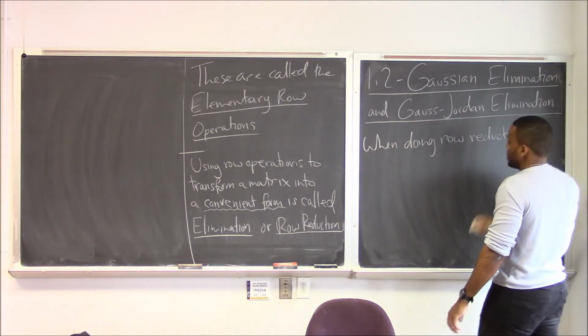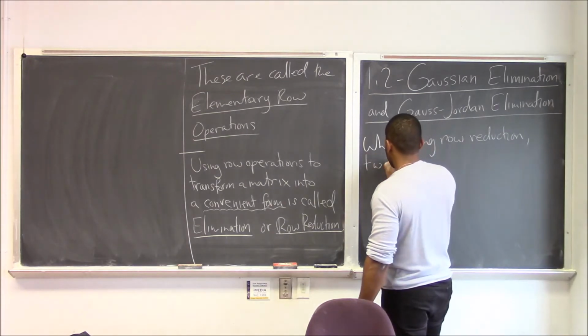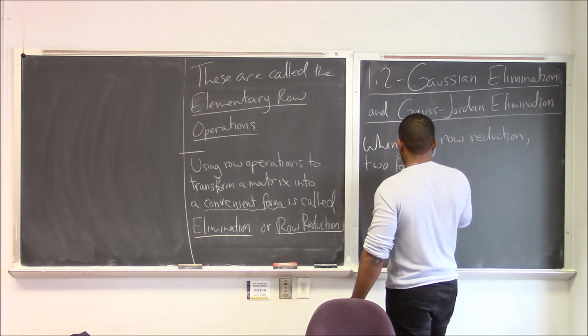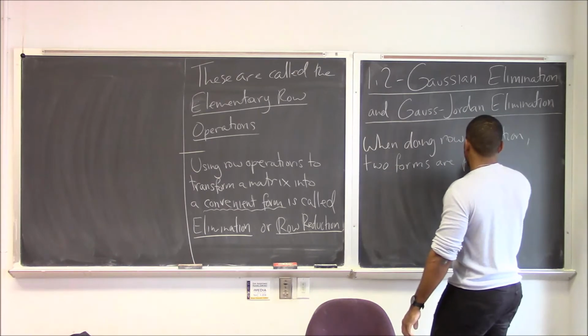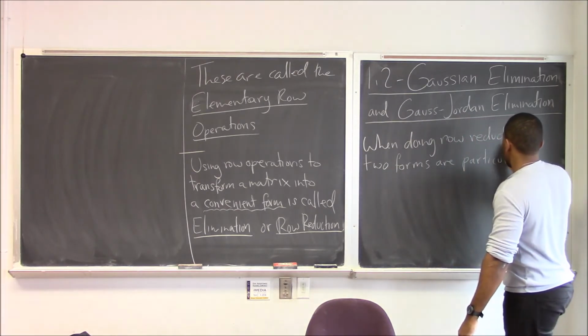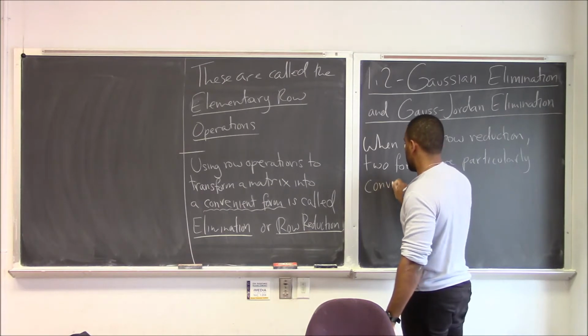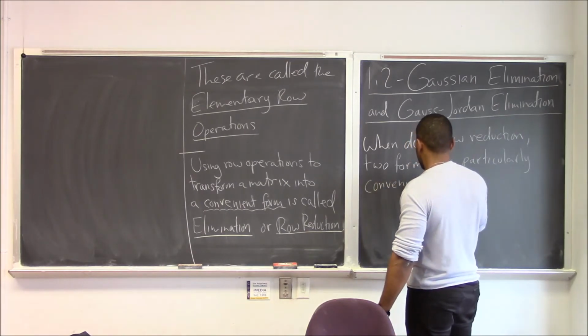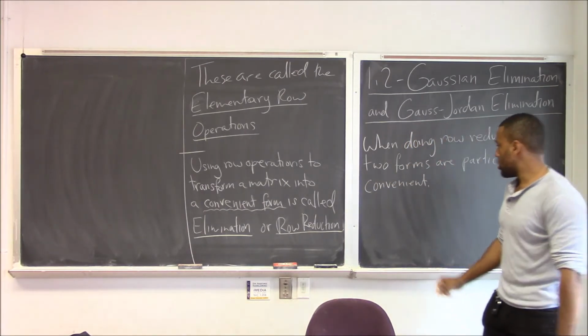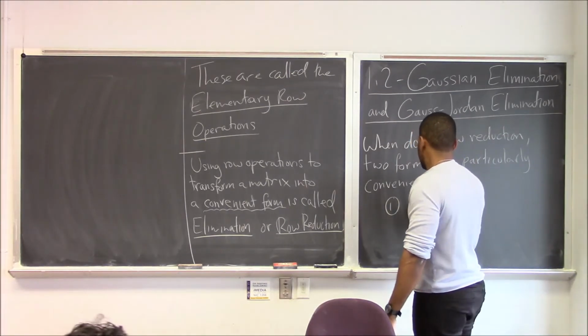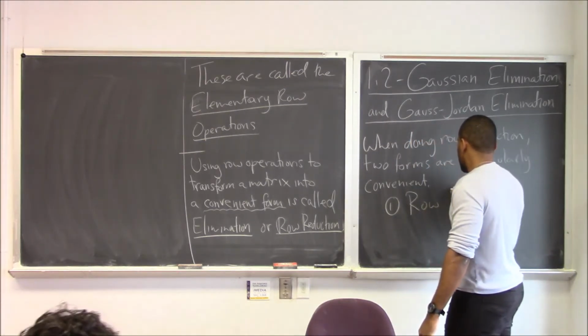When doing a row reduction, two forms are particularly convenient. These are called the following. One, it's called row echelon form.